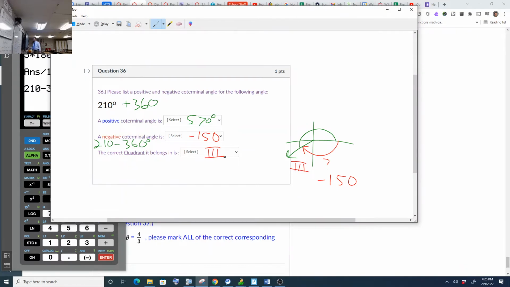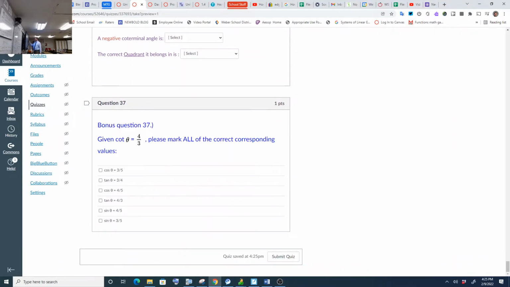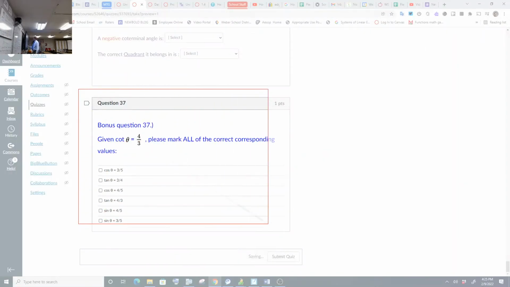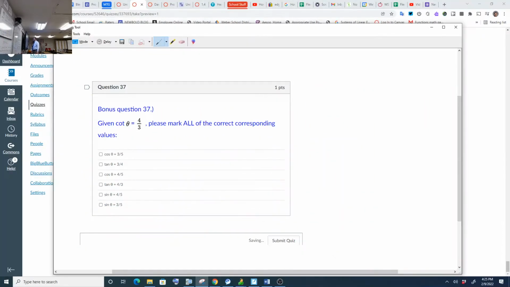Last but not least, I might have already done this on the other video, but just in case. This one may or may not be on the test this year, but you definitely want to know how to do it. Please mark all the correct corresponding values of cotangent theta equals 4 over 3. Well, first you got to know what cotangent is, right? Cotangent is not sine over cosine, but cosine over sine. And that's going to be equal to 4 over 3.